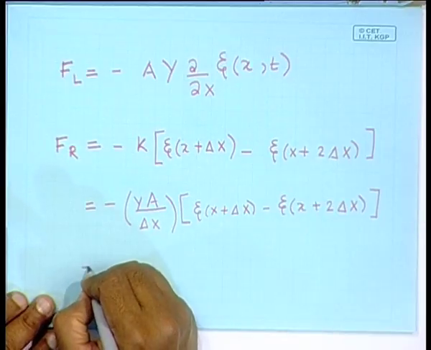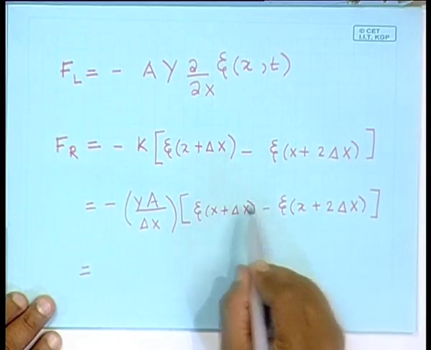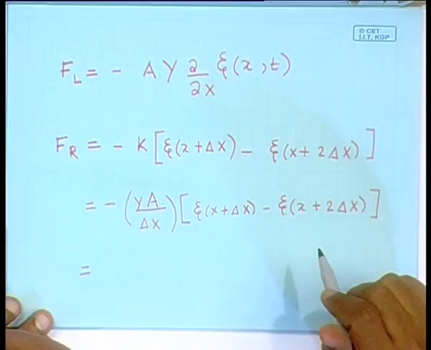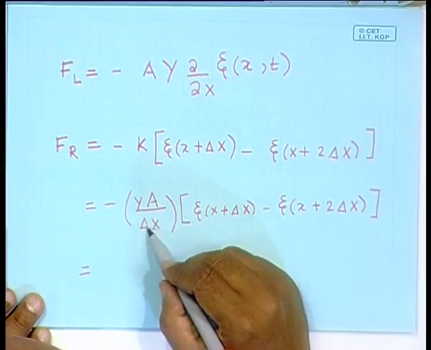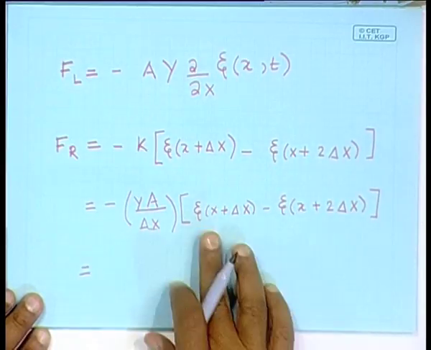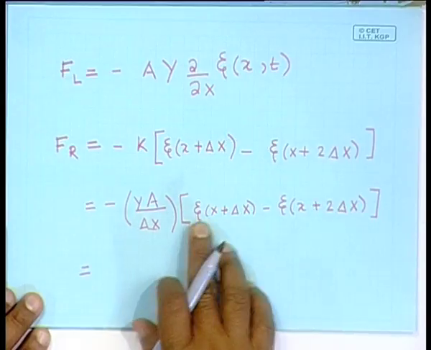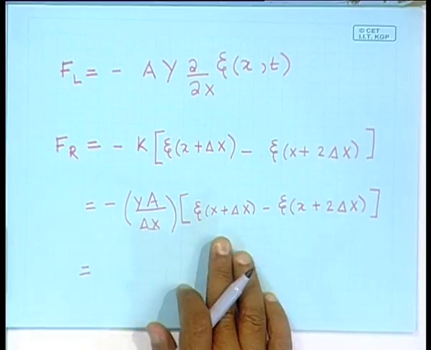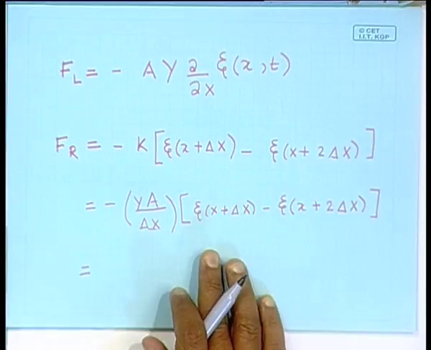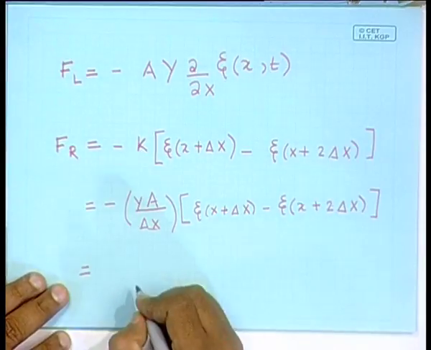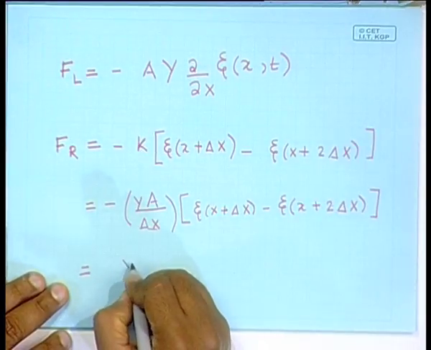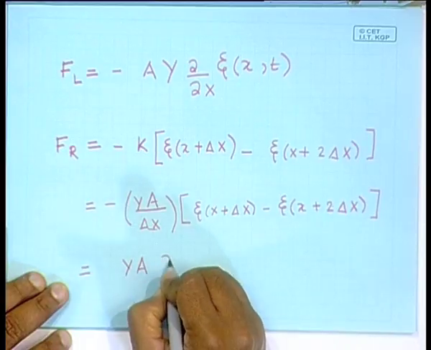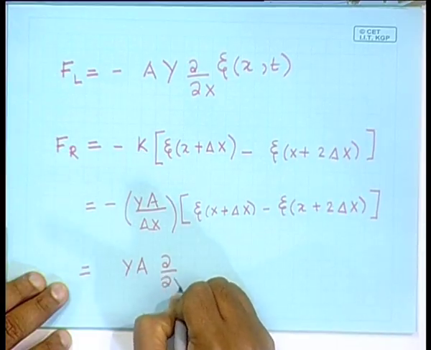Which gives us, again you take this minus this divided by delta x, and in this case you get an extra negative sign. So what you have is this is equal to y a del by del x.